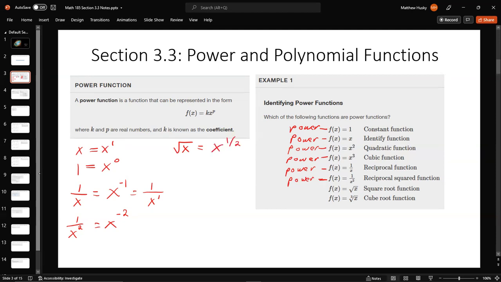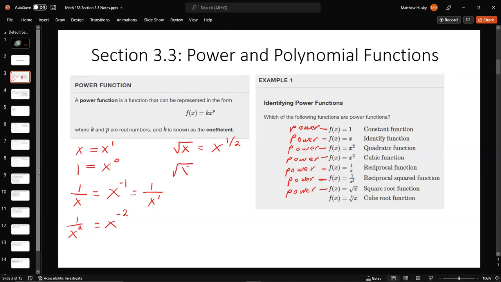If you were to take a calculator, take the number 9, for instance, and raise it to the power of 1/2, also known as 0.5, it'll give you the number 3. The reason is square rooting is equivalent to a power of 1/2. So this is in fact also a power function, where the exponent is a fraction.